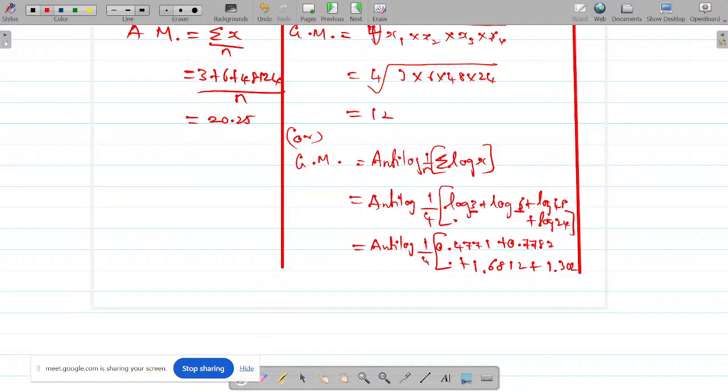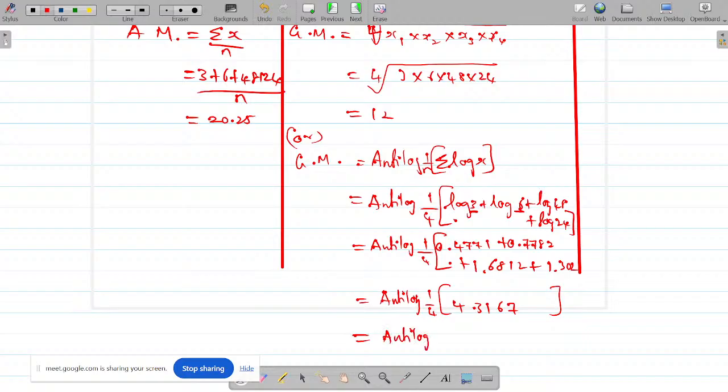Yeah, add all the values. Make it faster. Please join here. Anti-log of 1 by 4 times 4.3167.